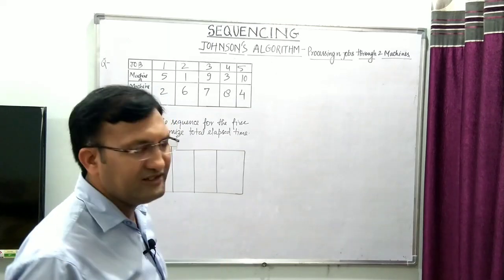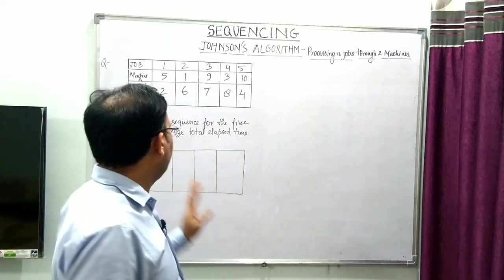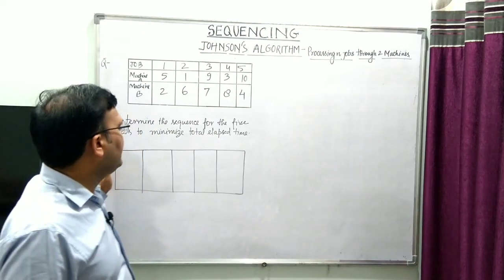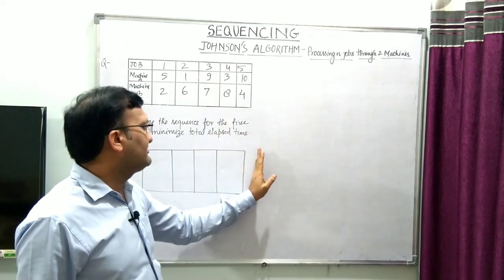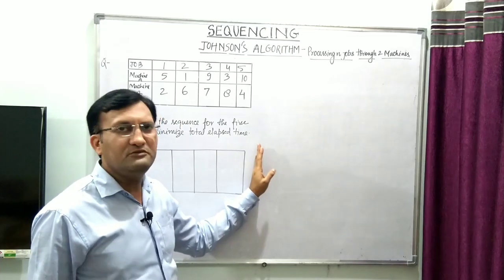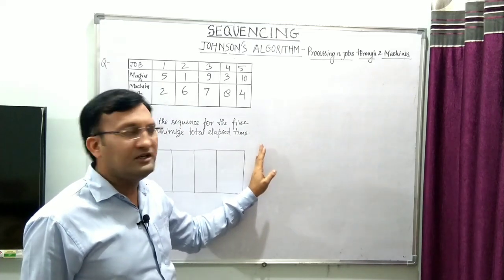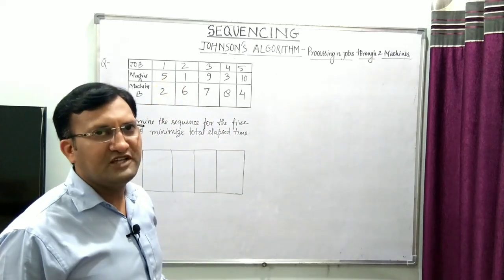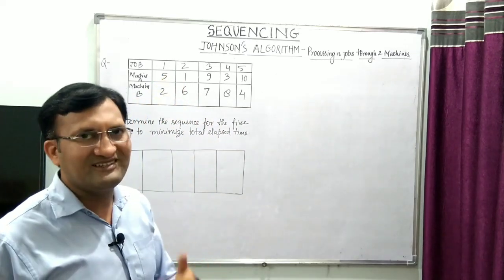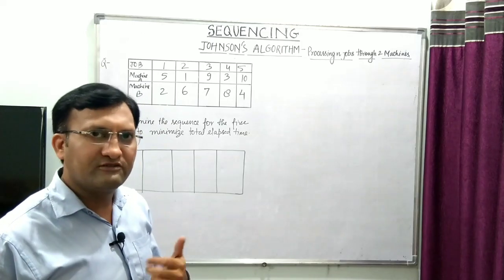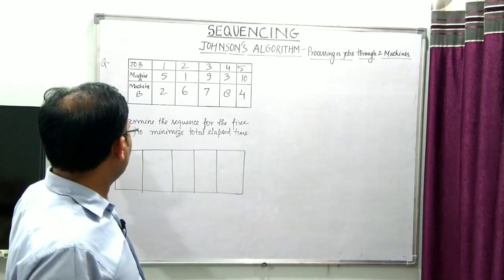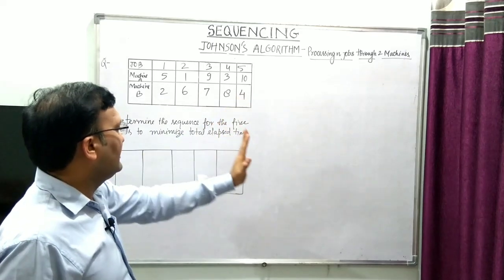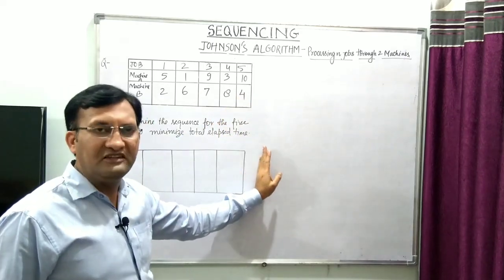So if you find that it is at machine A, then we shall be starting allocation from this side, right? And if it comes at machine B, then we shall be starting allocation of job from this side. Again I am repeating, we have to see at what machine there is a minimum time. So if you find that it is at machine A for a job, then you have to start allocation from this side, and if it is at machine B, then you have to start allocation of job from this side, right?